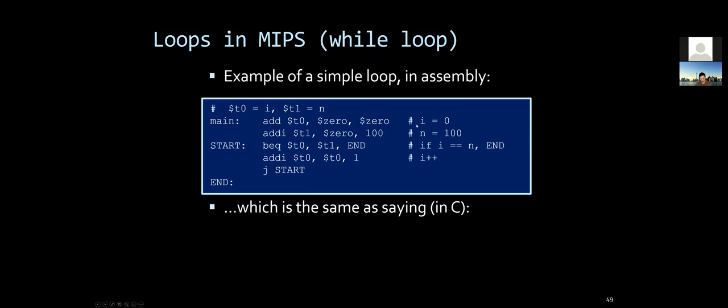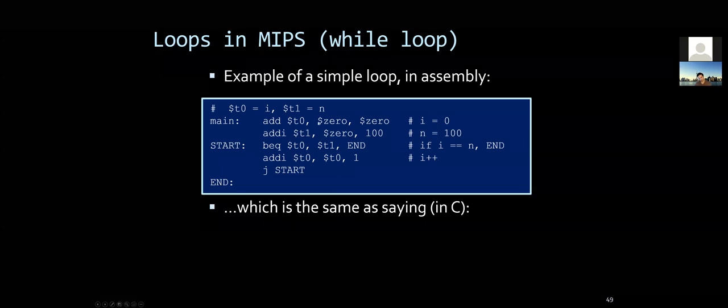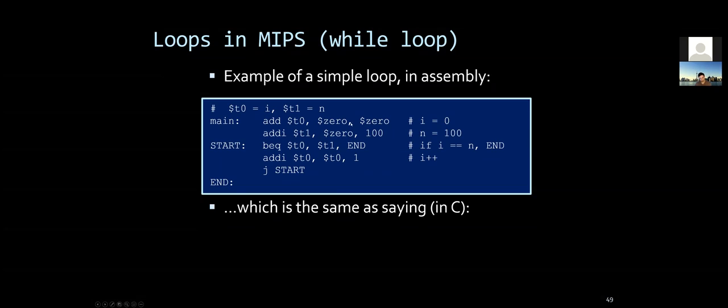So variable i becomes 0, right? And this is how we do it. It looks funny, but you don't need a special move instruction to move zeros. You can just do that. And then you essentially add i with 100 to prepare a register for comparison for n.